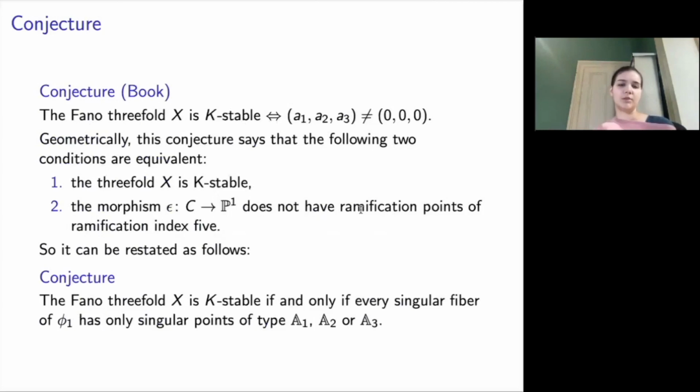So we can restate it as follows. Maybe it's an easier way to look at that. So this Fano threefold X is K-stable if and only if every singular fiber of phi has only singular points of types A1, A2, or A3.